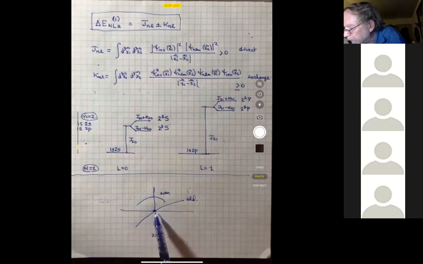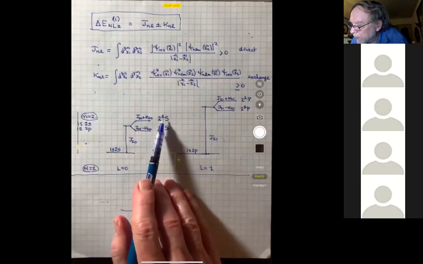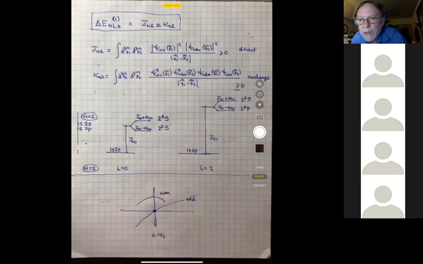The probability of 2 electrons being on top of each other is 0, and low that they're close together. Whereas the wave function that's spatially symmetric piles wave functions smack dab on top of each other where their Coulomb repulsion is maximized and raises the energy. So that's the reason why the singlet states are higher in energy than the triplet states.